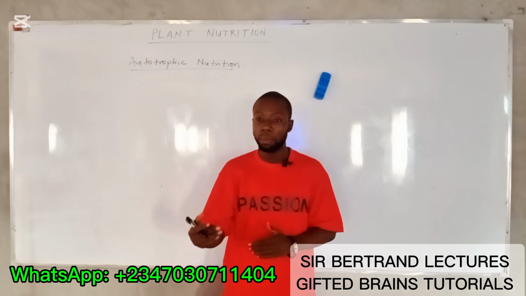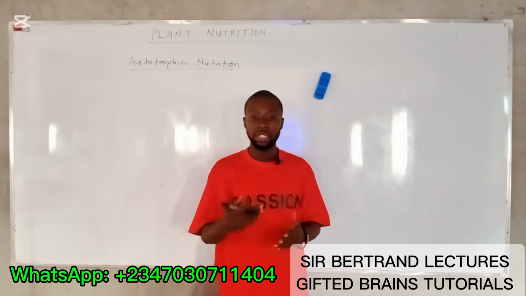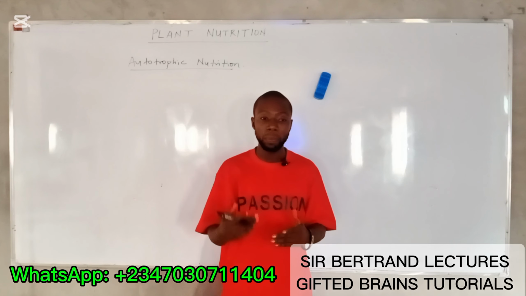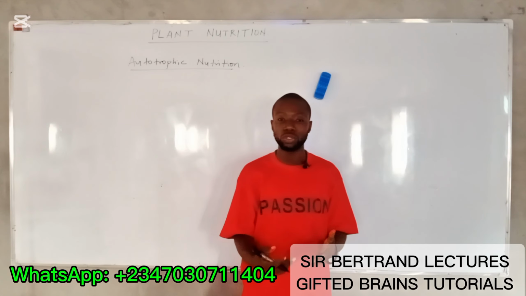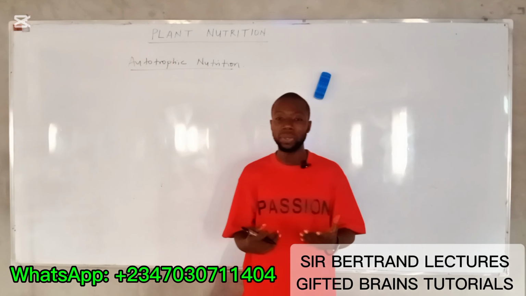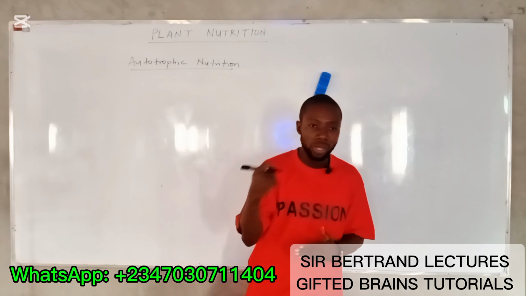Lack of nitrogen in the plant causes stunted growth. It causes yellowing of leaves. It also depreciates the growth of the roots and the root absorption of mineral salt and water in the soil. So nitrogen plays a very important role in plants, and that is why it is required in larger quantities.